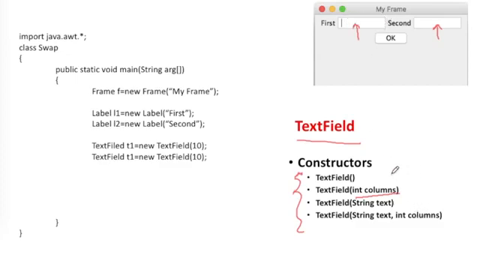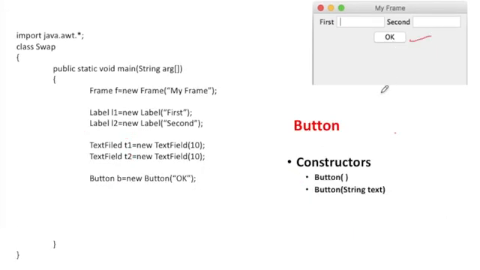The next lets you mention a default text, so if you want some text to appear by default, you can mention it. One more constructor takes two parameters, the text and the size. Here I have created two text fields, T1 and T2, with their sizes as 10.